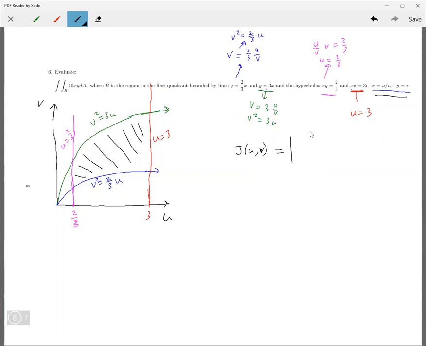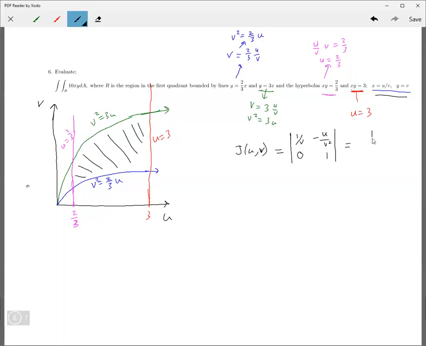Then the partial of x with respect to v is going to be negative u over v squared. Now, partial of y with respect to u, that's going to be 0, and then this is 1.